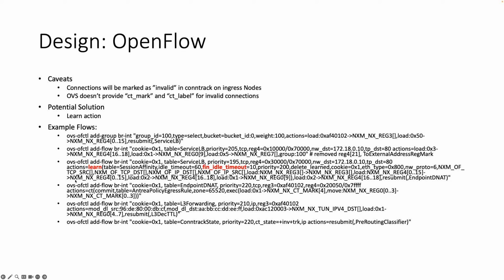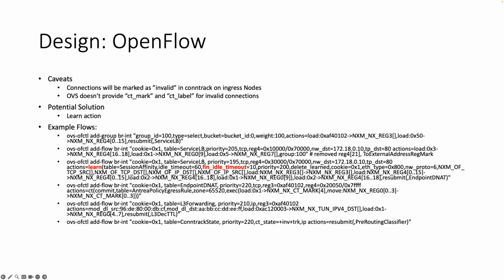But in the service L3 forwarding table, I will check the reg mark which was set during the service LB and endpoint DNAT, and I forward the packets to another node via the tunnel, setting the tunnel destination IP to the backend node's IP.